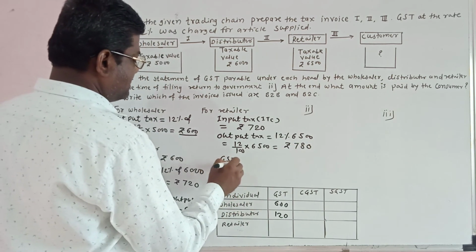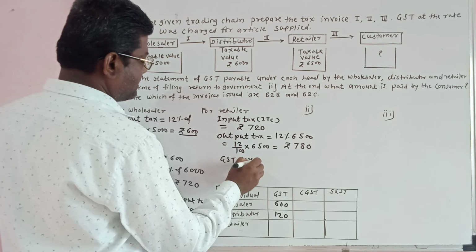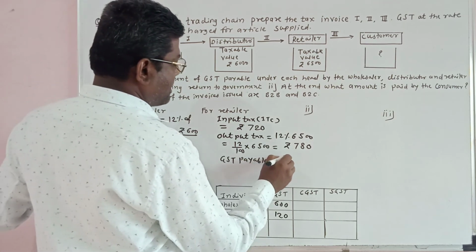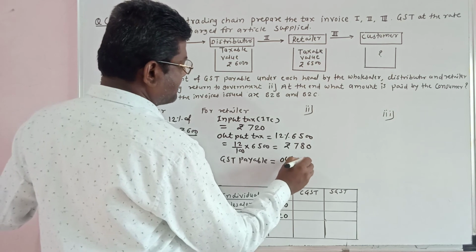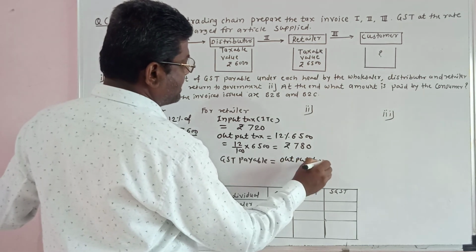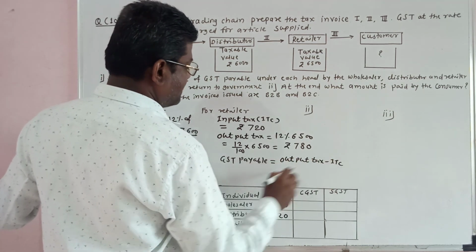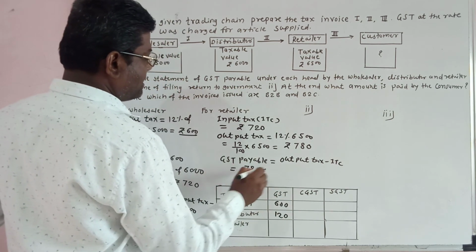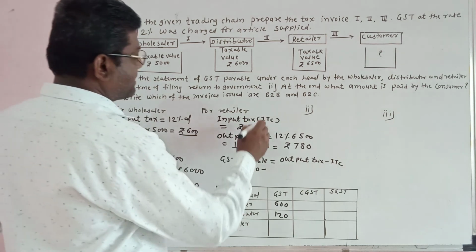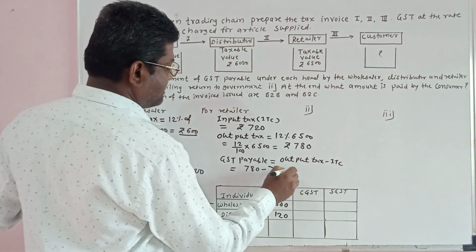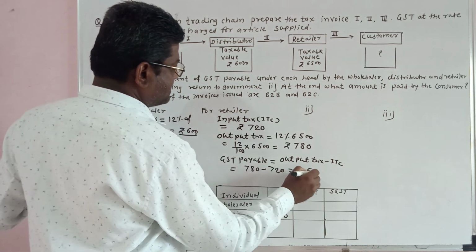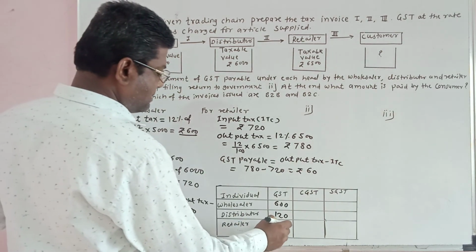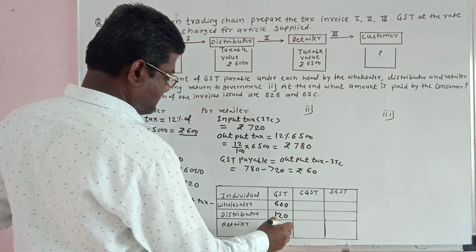Now GST payable by the retailer is equal to output tax minus ITC, so 780 minus 720 is equal to rupees 60. So GST paid by the retailer is 60 rupees.